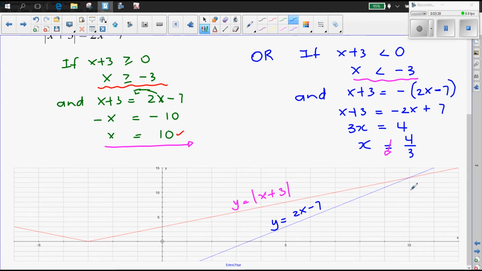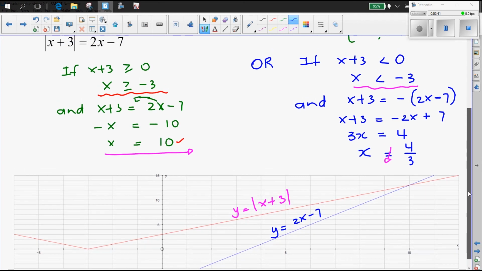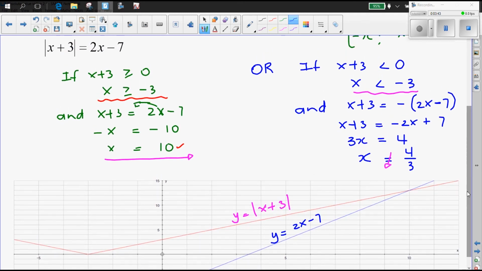When we were solving the equation, the absolute value of x plus 3 must equal 2x minus 7, we were actually finding the points of intersection of the two graphs, and we can clearly see that the two graphs only intersect at x equals 10.